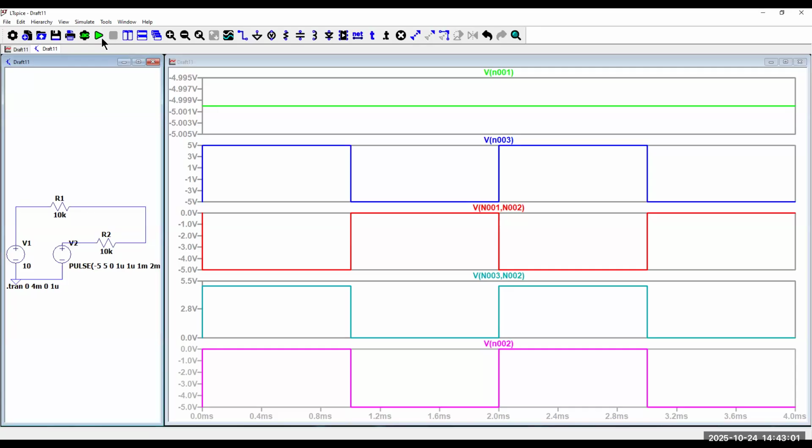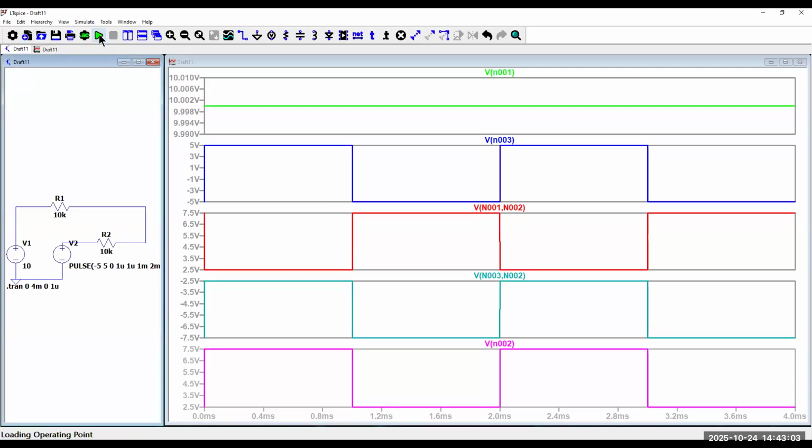So if I do this, center is at 5, waveform goes from 2.5 to 7.5. If I change that 10 to 100, output is centered at 50.